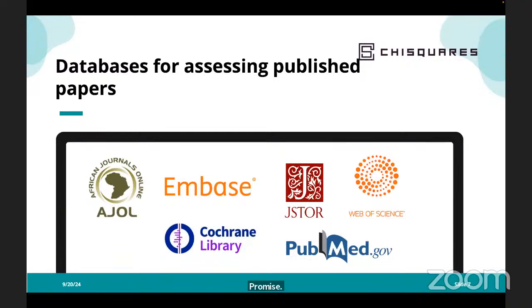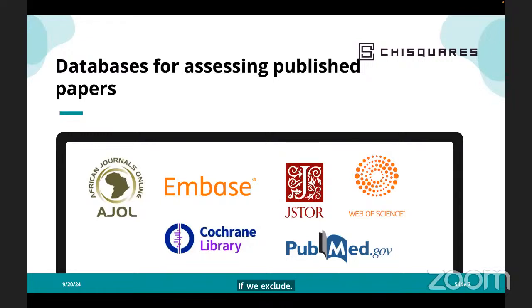Thank you very much, Prof, for the training. I just wanted to ask: you made mention that Google Scholar is not part of the databases that should be looked up, and I think I understand that, but I wanted to confirm if we exclude it.